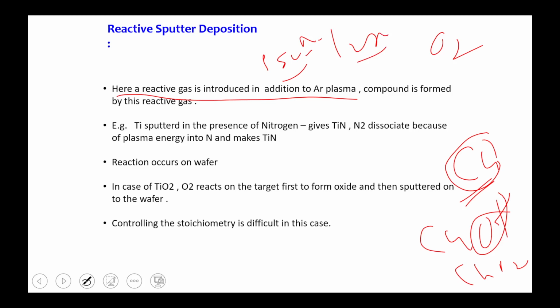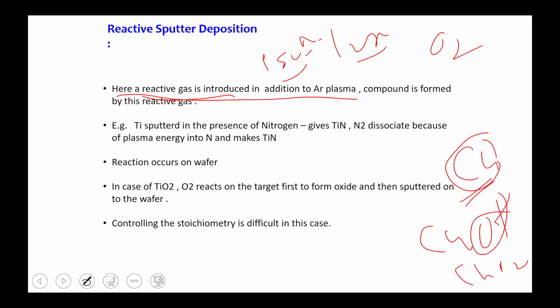Argon will bombard the atoms from that target, and oxygen will collide with the copper atoms and form CuO or Cu2O. They will be mixed and collide, they will chemically react in the plasma, and a chemical bond will be formed. That's why the reactive gases react.